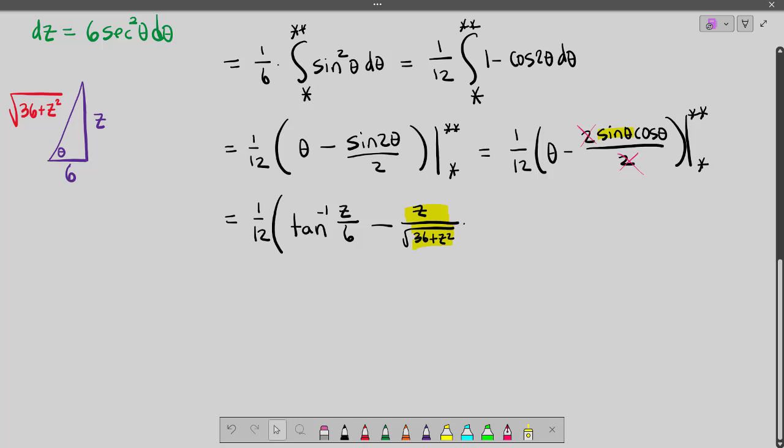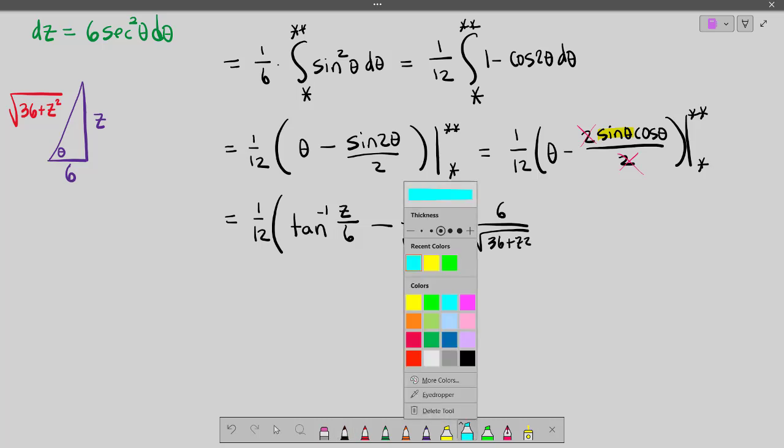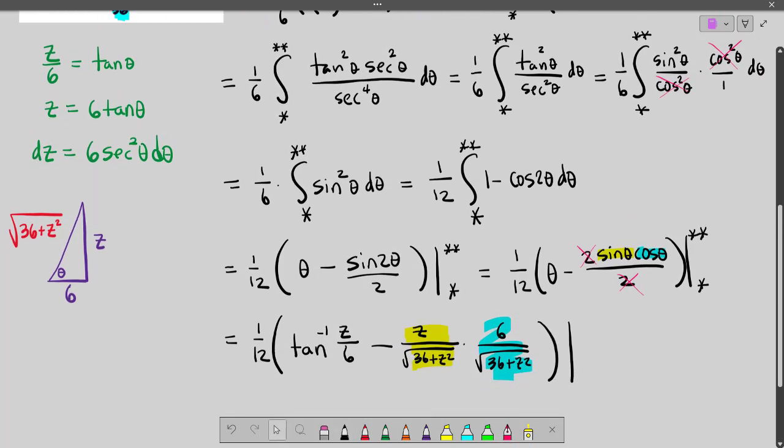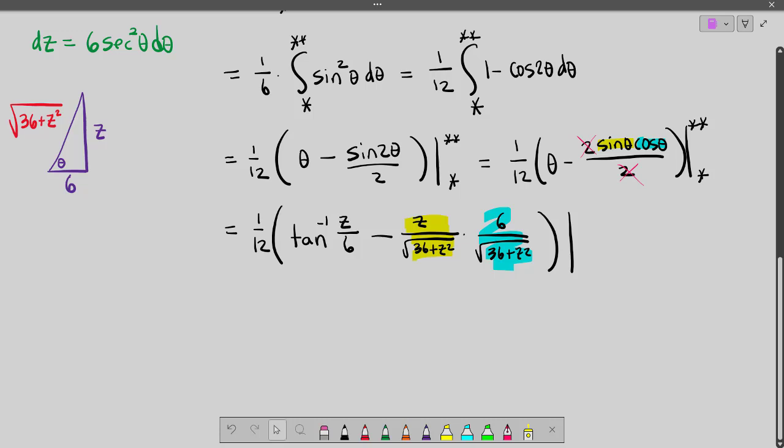Cosine of theta is adjacent over hypotenuse, so I'm seeing this. So that one is cosine theta. Now our limits are back to z limits, so 6 and 6 square roots of 3.